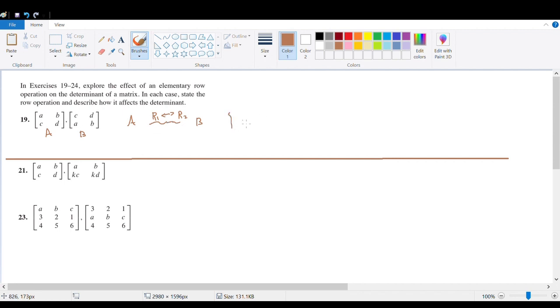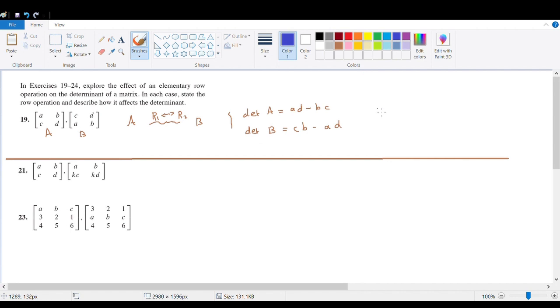So the determinant of A is equal to AD minus BC, and the determinant of B is equal to CB minus AD. So if we see, the determinant of A is minus the determinant of B.